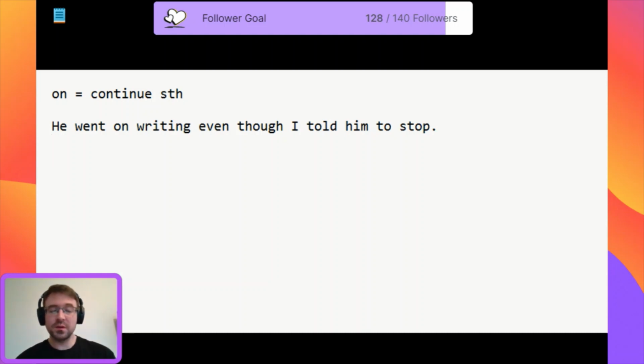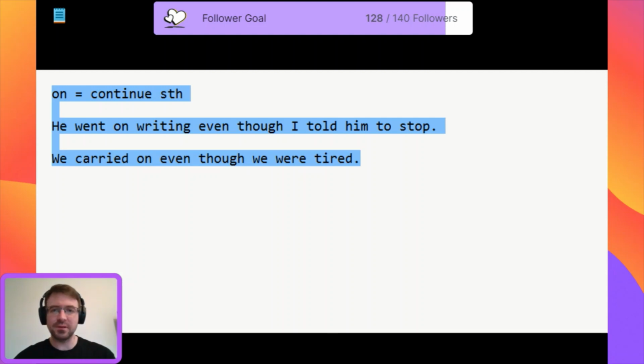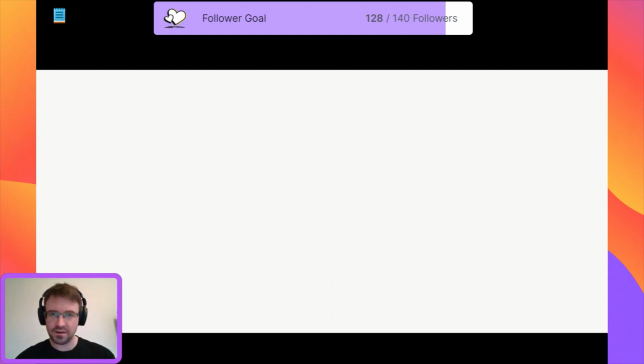Or we can also say, for example, we carried on even though we were tired. So again, here showing that we continue the action. It doesn't finish, it doesn't stop, it just continues on through time. And that's a very typical use of the preposition on in phrasal verbs.